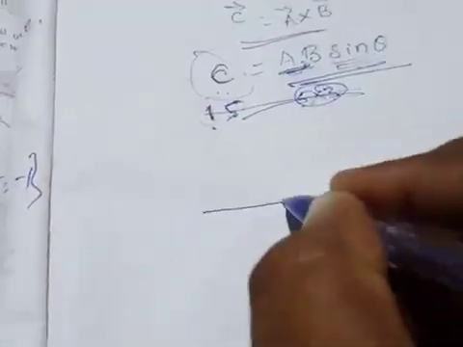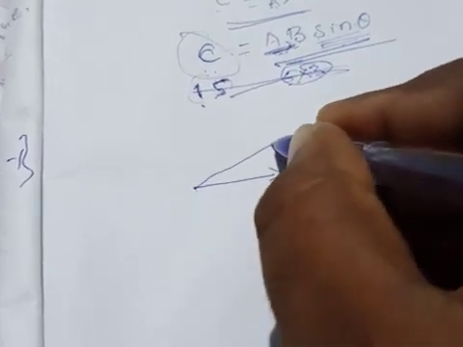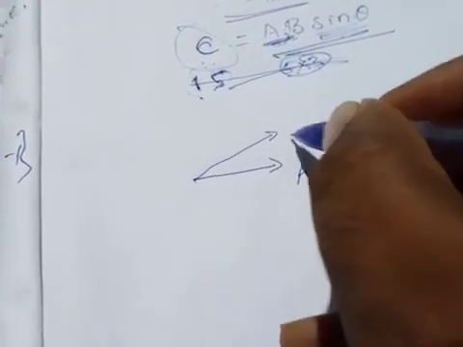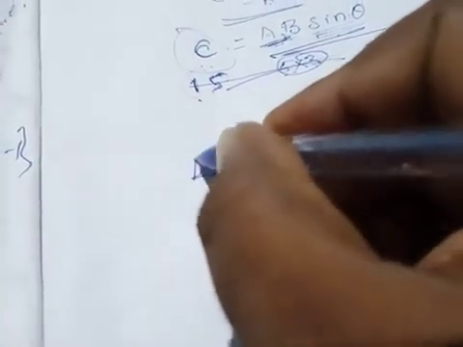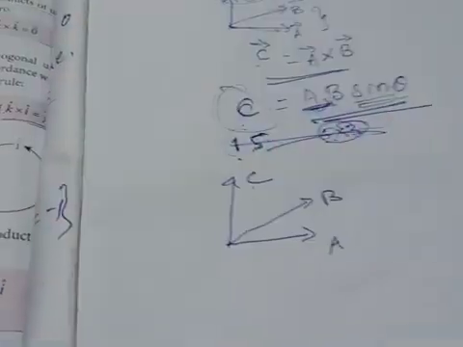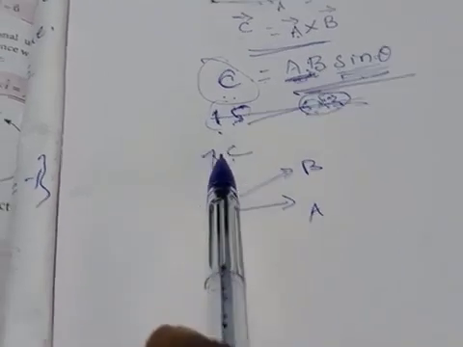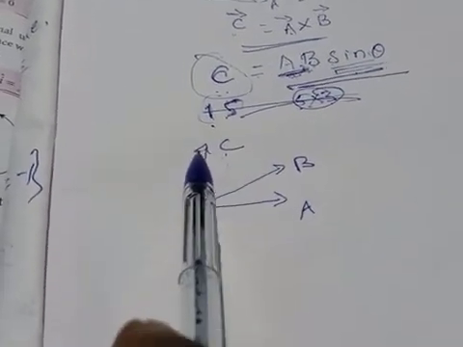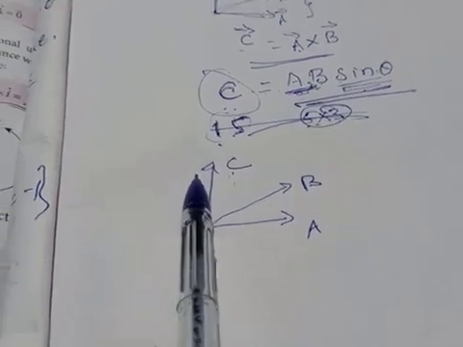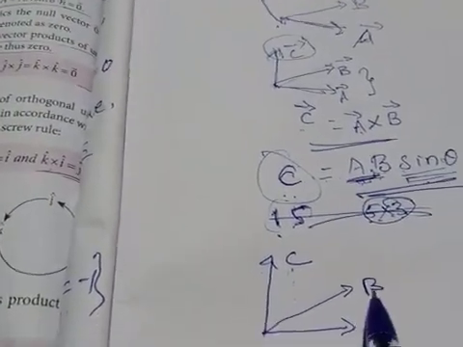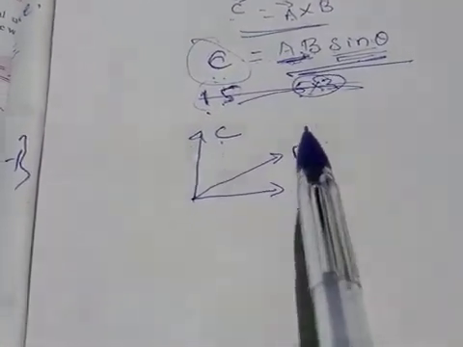So already I told, if three vectors are there like this, this is A, this is B, then C is the vector product. And this vector product of any two vectors, any two vectors you take, A, B, this vector product is always what?